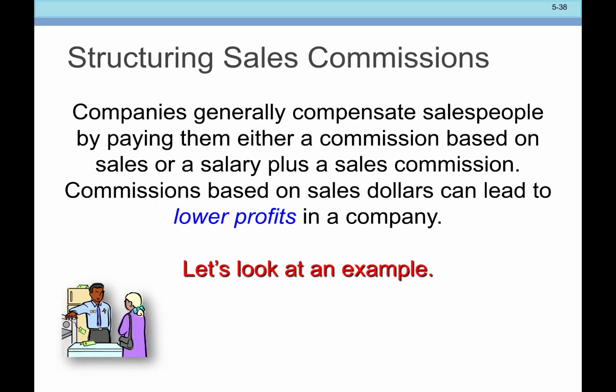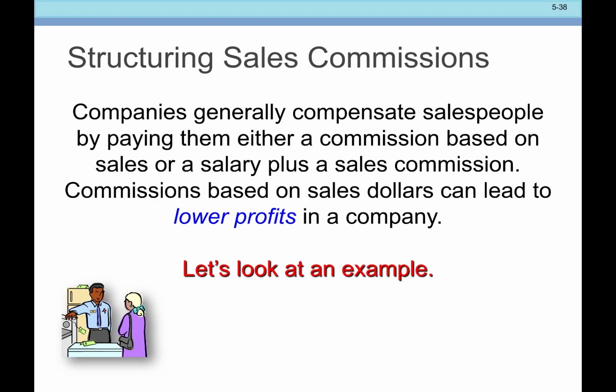Okay, let's look at how contribution margin analysis could help you run your business a little bit more profitably. One example here is dealing with sales commissions. Sales commissions are often quoted on the sales price, right?